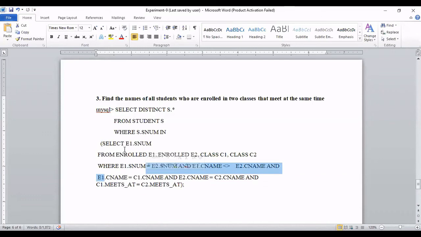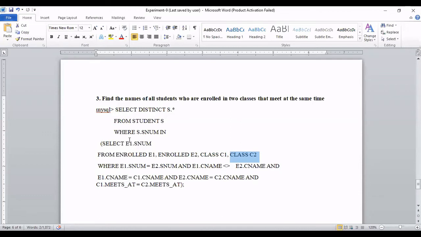Since we have E1 and E2, and we have fetched C1 and C2, E1 will compare with C1, and E2 will compare with C2. So one enrolled will compare with one class. What is the common attribute of enrollment and class?